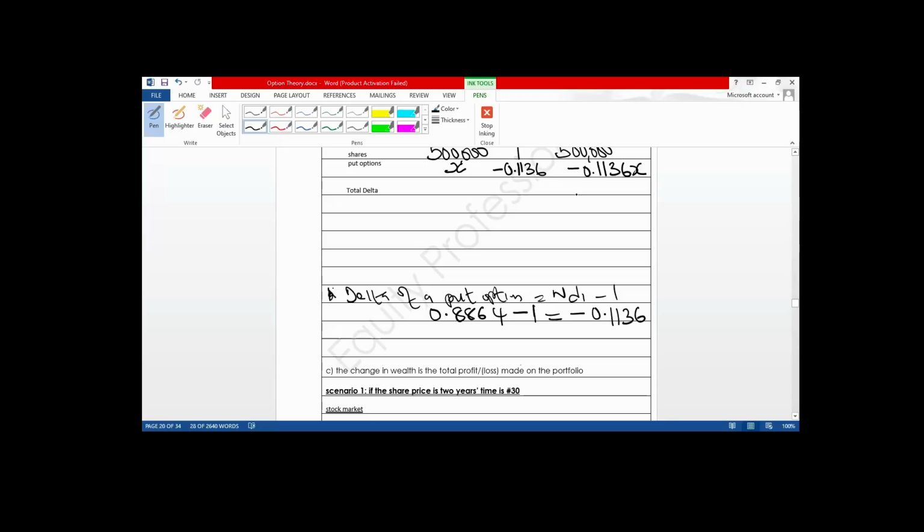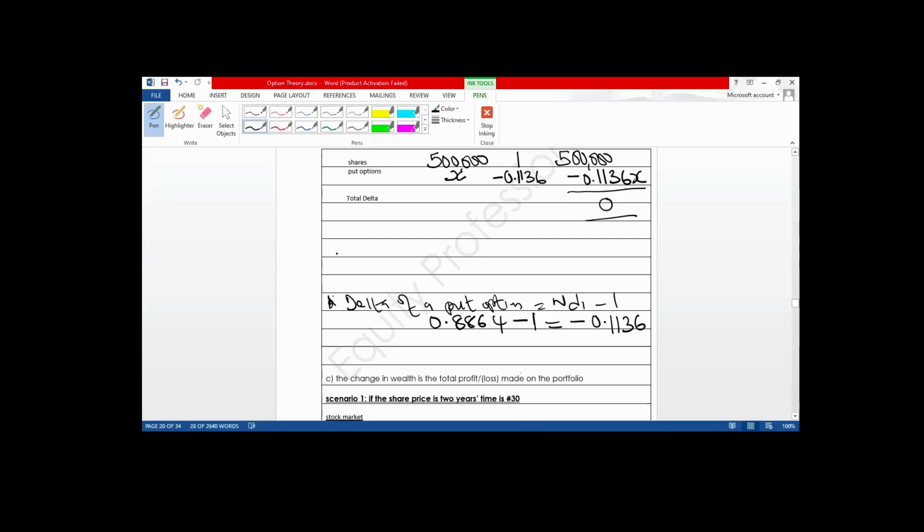And we said delta neutral must equal 0. Total delta must equal 0. That is neutral position. What you are saying is 500,000 plus bracket minus 0.1136X must equal 0.